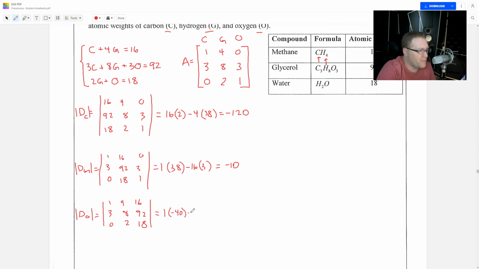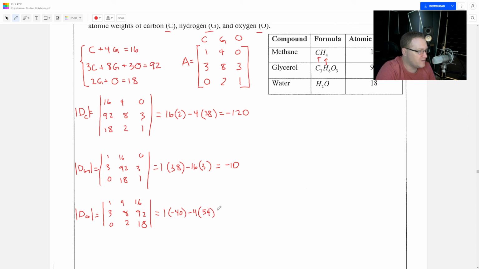And then we're going to minus 4 times, and then we cross out this, we have 3, 92, 0, 18. So I'm going to, again, use my calculator. We're going to do 3 times 18, and then minus 92 times 0 is 0. So the answer is just going to be 3 times 18, which is 54.